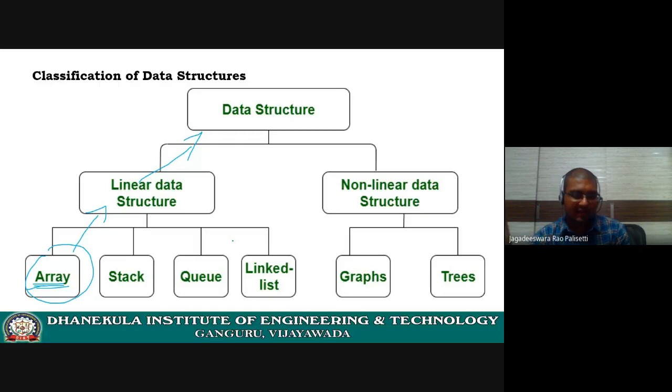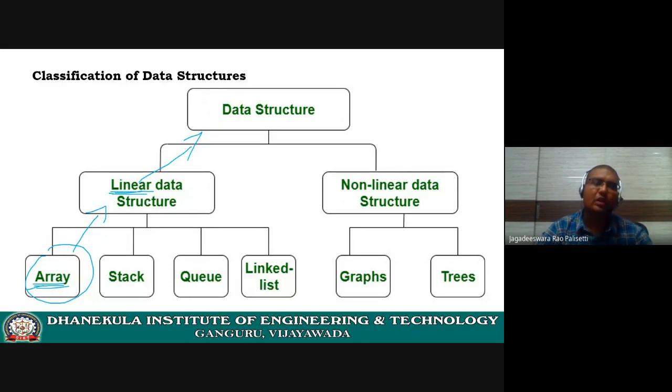Suppose our first data value is stored in index 0, the second data value is stored somewhere at index 100, and the third data value is stored somewhere at index 1000. No, that is not a linear data structure. Am I clear? So the term linear means the data is organized or stored in a continuous or sequential storage.